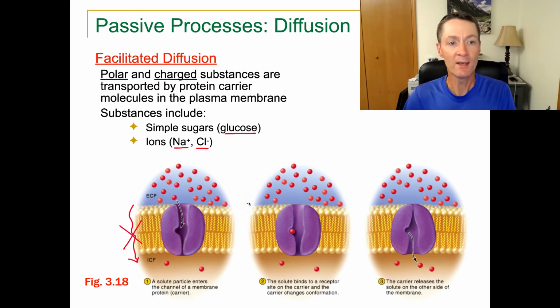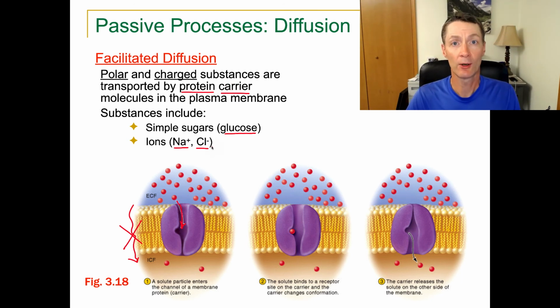What we're going to need here would be a carrier molecule or a protein carrier that goes clear through. So here we have our transmembrane carrier molecule. It's made out of a protein, and it's going to be just the right size to allow one particular type of thing to move, and in this case, let's just say it's a sodium carrier.